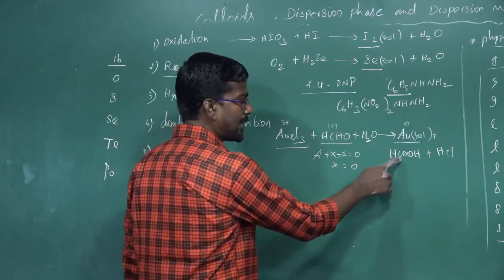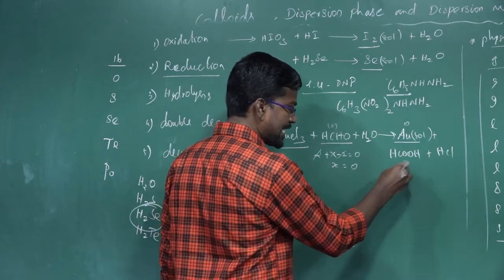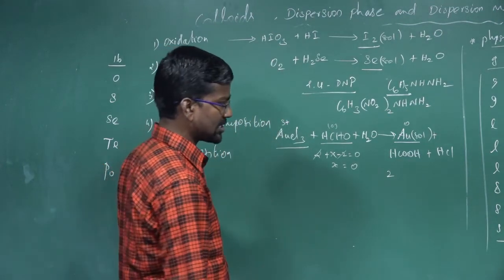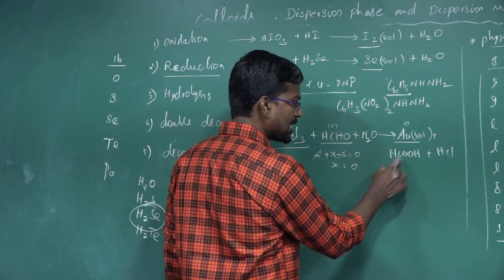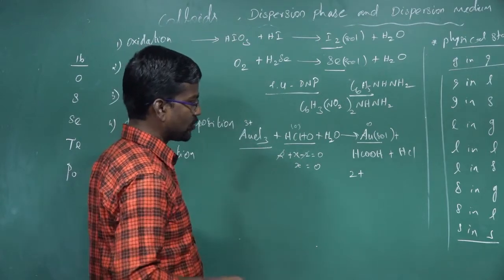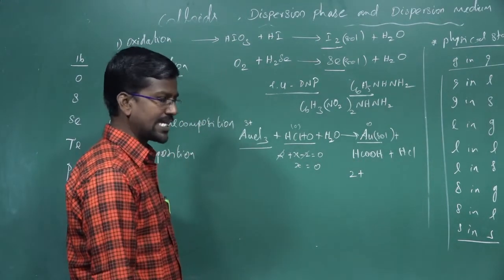Next one, formic acid, HCOOH. How many hydrogens are there? 2 hydrogens. Each hydrogen exhibits the plus 1 oxidation state, so 2 hydrogens exhibit plus 2. Next, how many carbons are there? Only 1 carbon, expressed as X. Then, how many oxygens are there? 2 oxygens. Each oxygen exhibits what oxidation state? Minus 2.